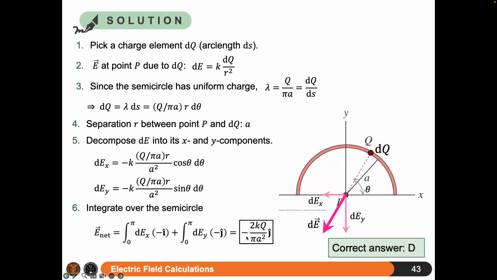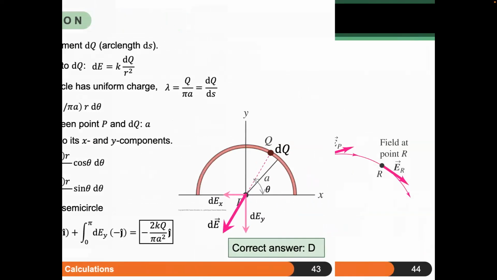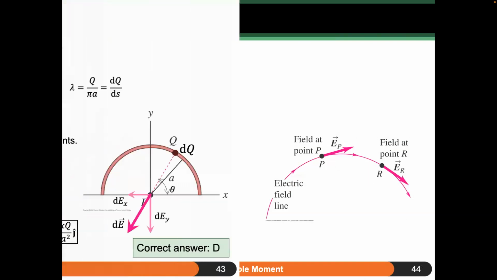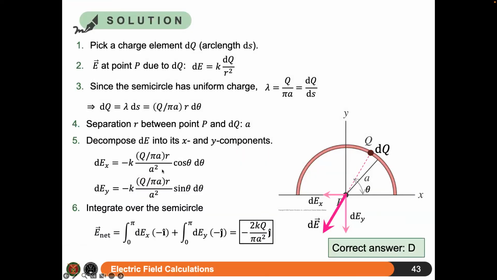So ang net direction is negative j hat or pababa, negative y direction. Okay? So madali lang i-integrate. So please try integrating this.